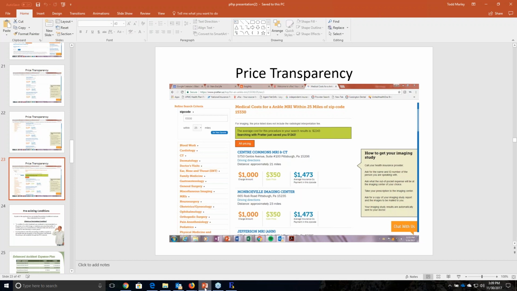So what Prater does is it gathers all that, and it helps Alcoa help their employees get services done for the best price because they're paying out of pocket for it. So it's designed for big companies.